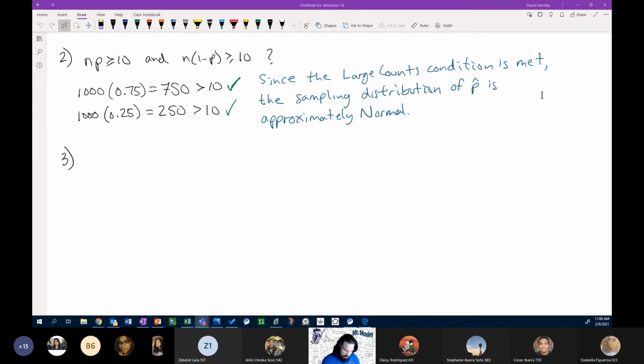So for this one, the mean will still equal p, will still be 0.75.